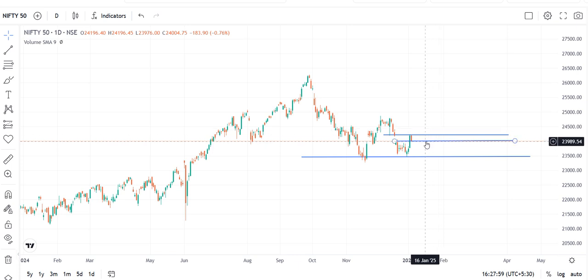I want to say, if it opens at 23,900 or 24,000, right, and it trades in this range for some time, then it can go lower. But that downside potential or downside range, I see as a little less than the upward.